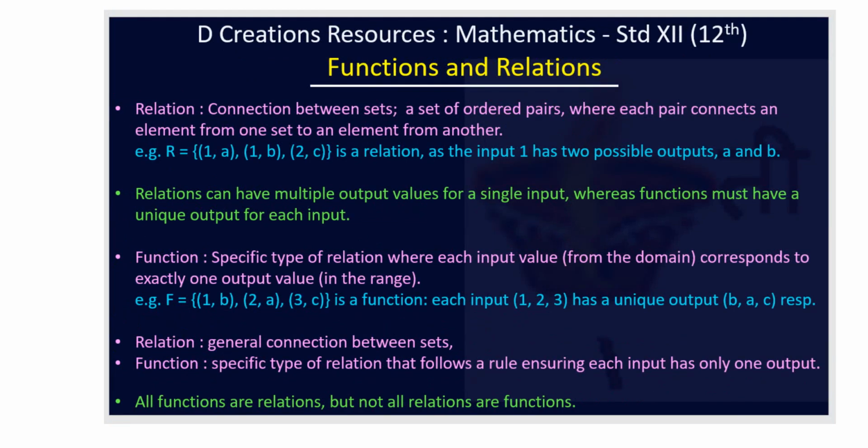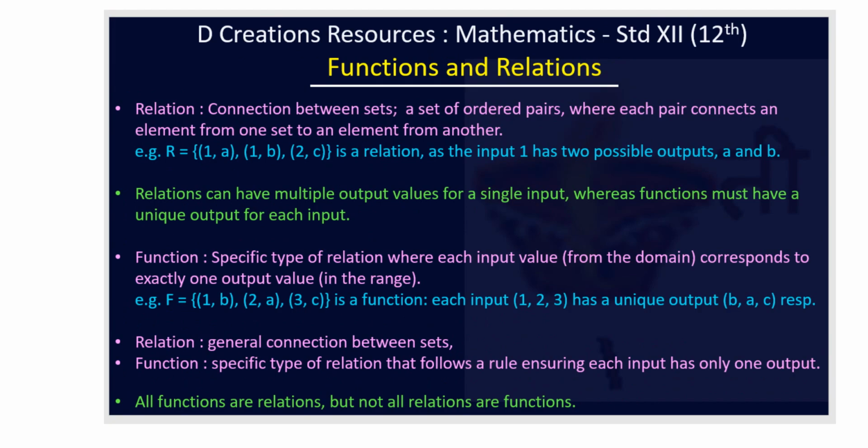So 1 is related to A, 1 is related to B as well, and 2 is related to C. So basically input 1 has 2 possible outputs while input 2 has 1 possible output, and each pair is connecting an element from one set. So the set could have been 1, 2 and the other set could have been A, B, C. So an element from one set is connected to an element from the other.